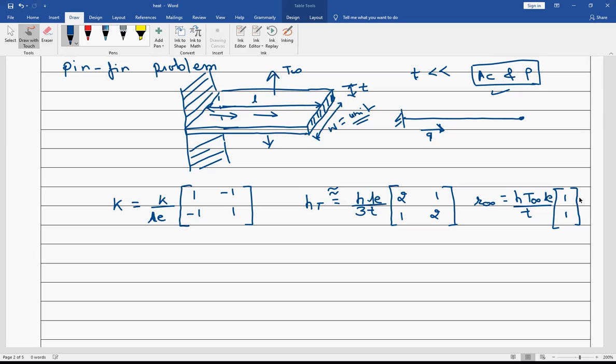Okay, so this is additionally a load, and this is also nearly equal as the cross-sectional area and perimeter parameters try to cancel out each other.